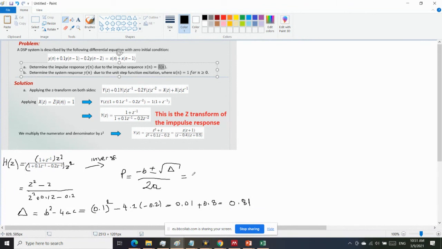Minus b means for us minus 0.1, plus or minus the square root of delta.